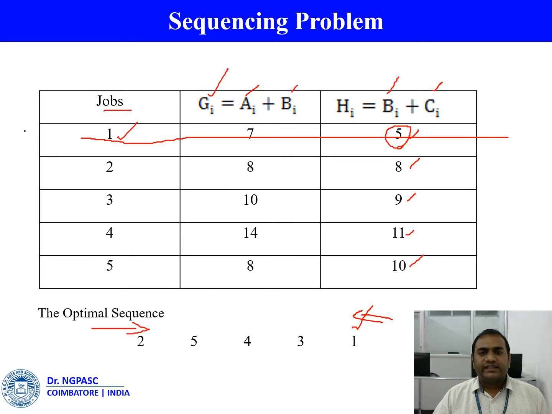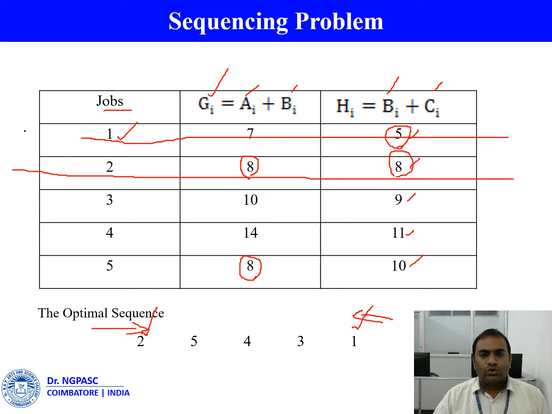Next, the second smallest value is 8. 8 is in 3 places. First, we take the 8 in job 2 in the first machine. So we write job 2 from left to right and remove the job 2 row.